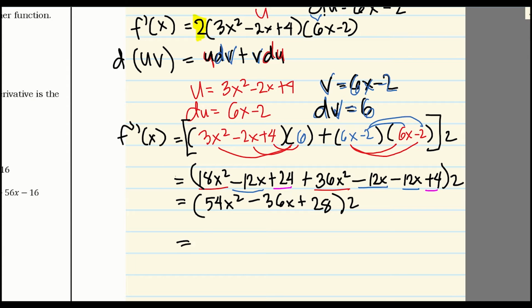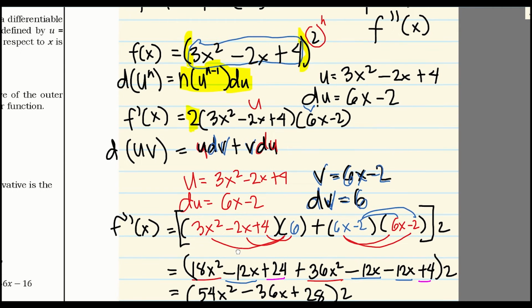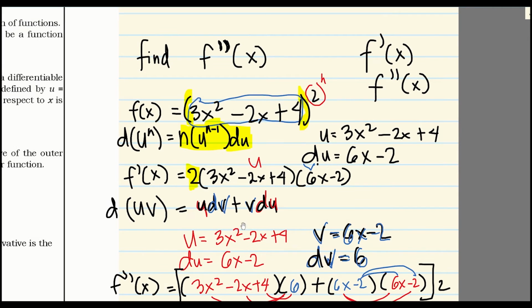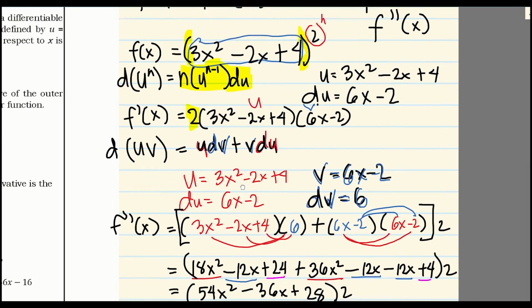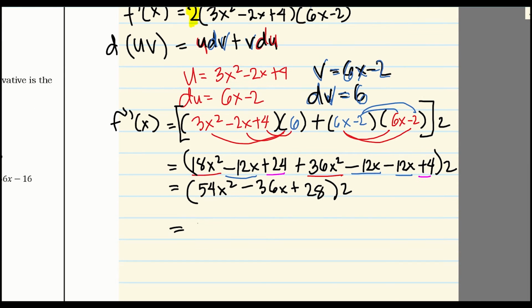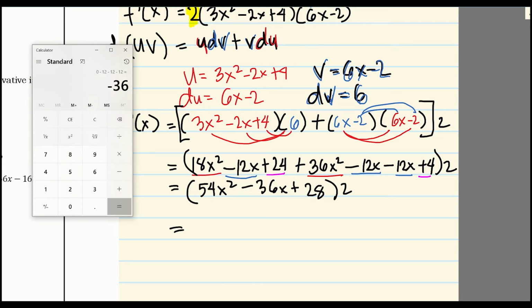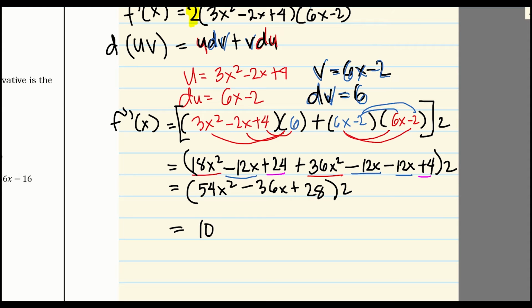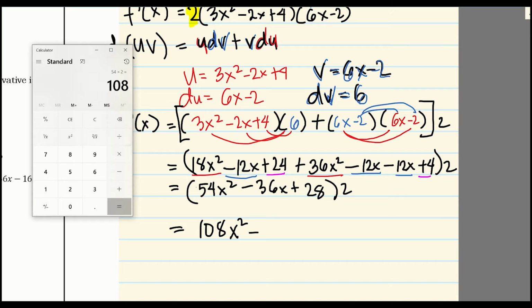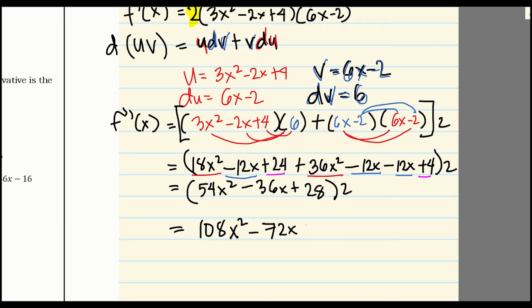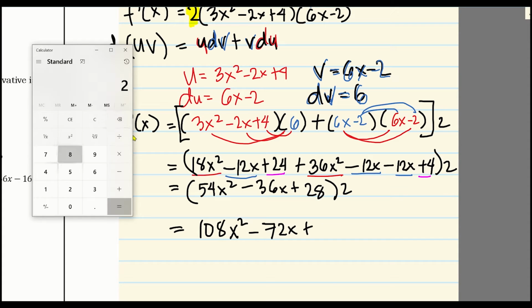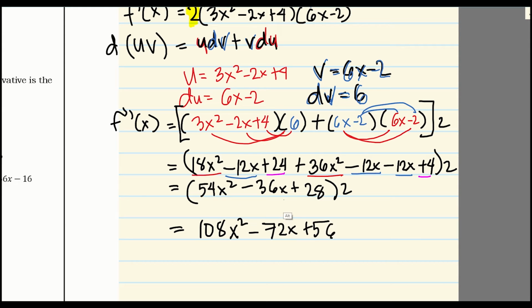Let's check it out. And then what we have here is we will multiply it by 2. So 54 times 2 is 108x squared, minus 36 times 2 is 72x, plus 28 times 2 is 56.